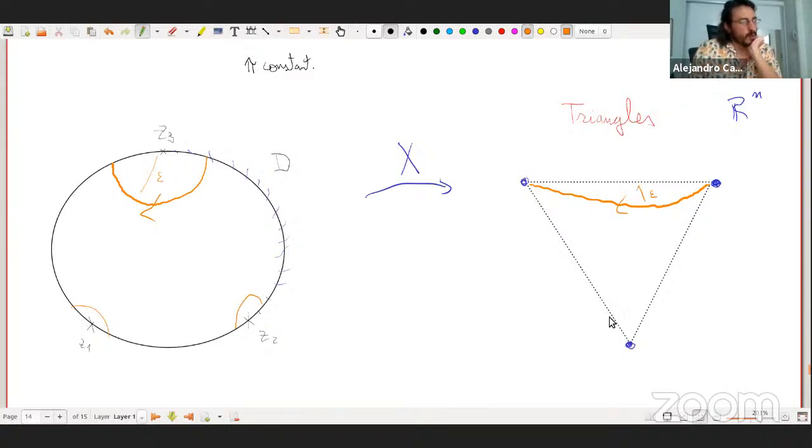So what is going on in this pi constant case is that the disk is secretly just a singular parametrization of the triangle. So I repeat, the interior of the disk goes to the interior of the Euclidean triangle.